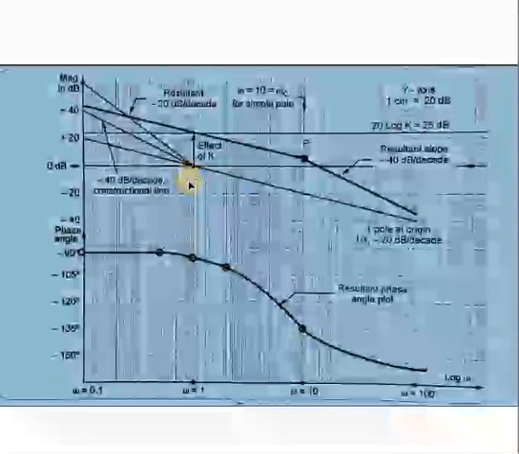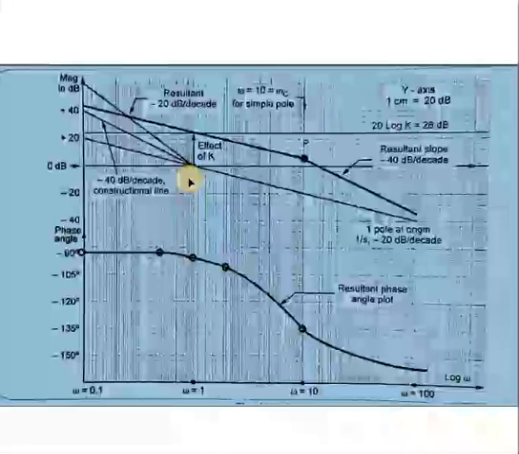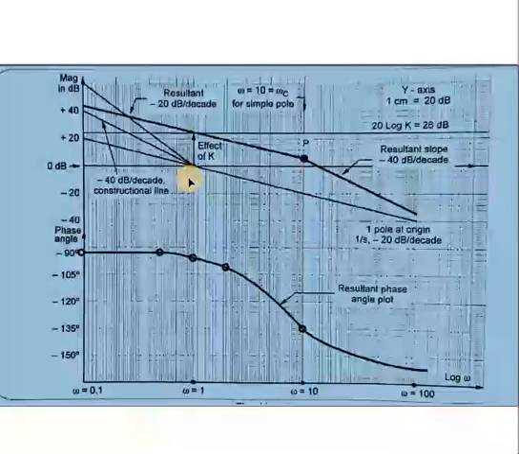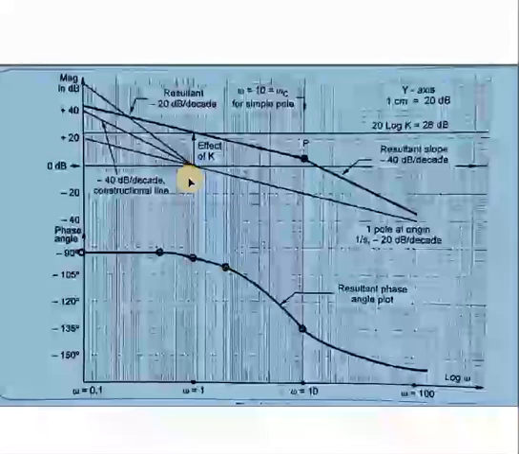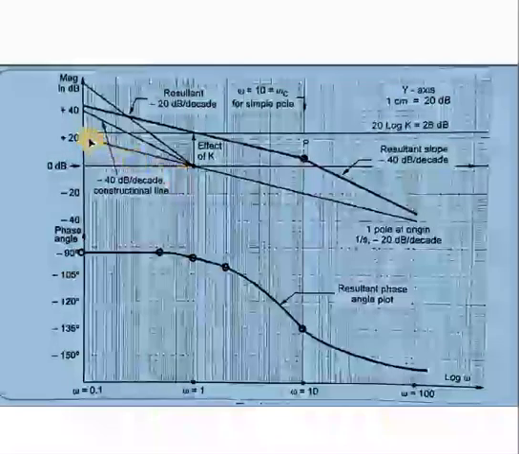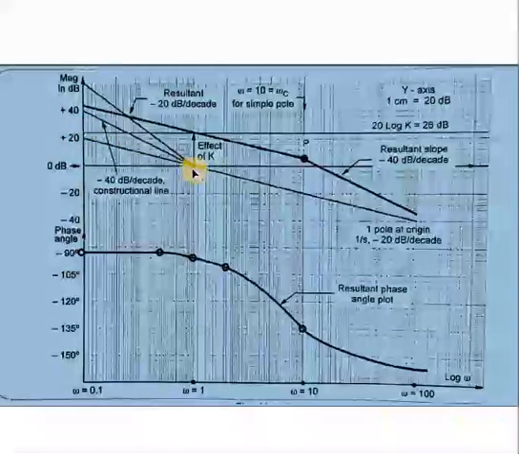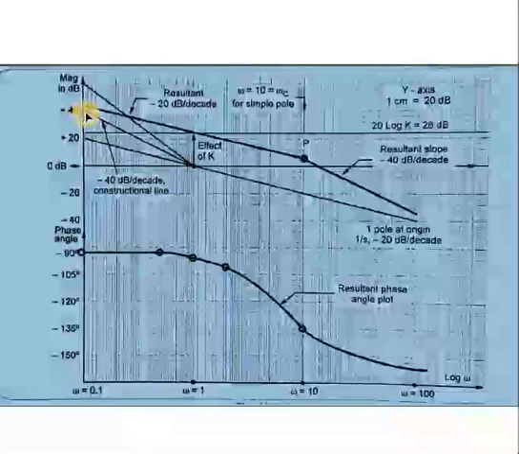Minus 20 means it should start from 20 and it should end at 0. So like that, first you draw a line from this point to 0, then from 40 to 0 here.